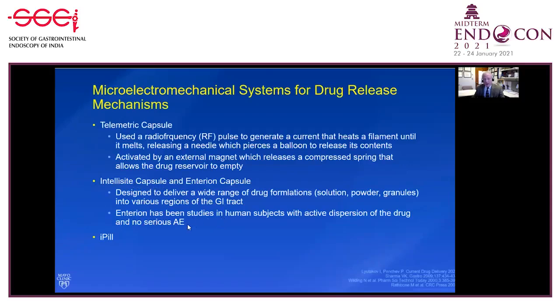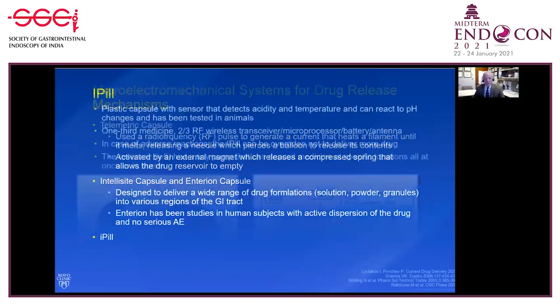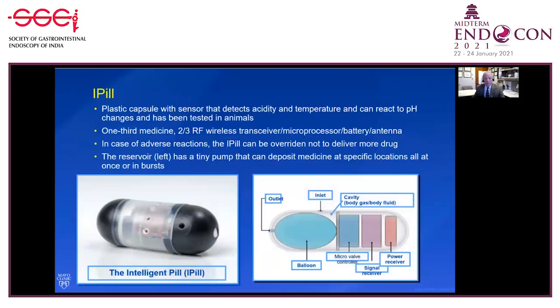And Interion has actually been studied in human subjects with active dispersion of the drug and no serious adverse events. And then there's also the iPill, which I show you here, which has a sensor that detects acidity and temperature and can react to pH changes. And the reservoir has a tiny pump that can deposit medicine at a specific location, either all at once or in bursts.